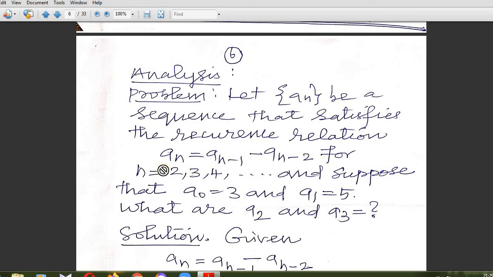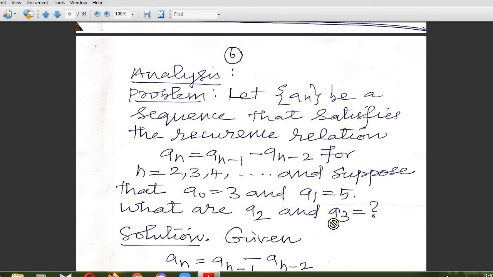The recurrence relation is given like this, and the sequence satisfies this recurrence relation for n equal to 2, 3, 4. Now we are supposing that a0 equals 3 and a1 equals 5, because without these two initial values it is impossible to calculate a2 and a3.